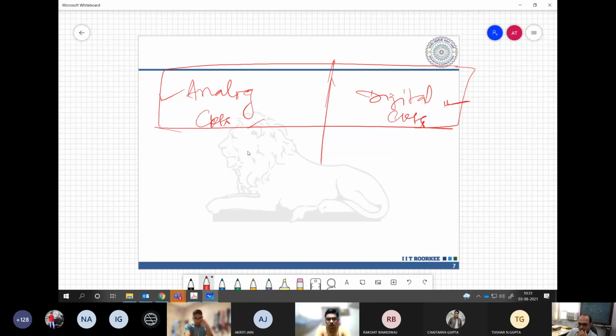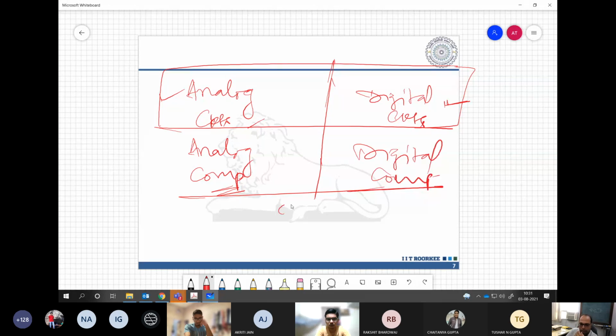Or I can go one step ahead: once upon a time we had analog computers, and now all are totally replaced by digital computers. The question is why? What is so special about digital circuits or digital computers or digital computations?